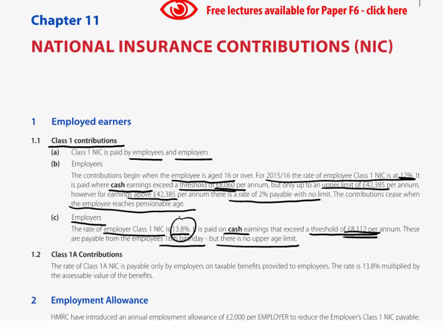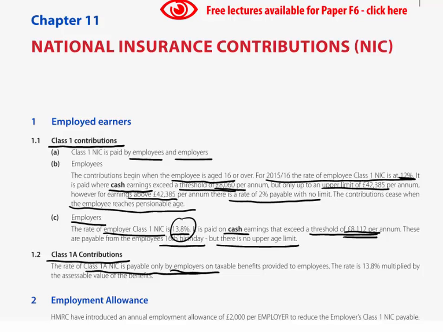But the employer contributions don't stop there. What we've seen is that the Class 1 contributions are based on cash earnings. But as we know from Chapter 9, the employer may provide an employee with various other assessable benefits. So the Class 1A contributions are something we also need to be aware of. Class 1A NIC is payable by employers, only by employers. So again, remember, who pays what contributions?